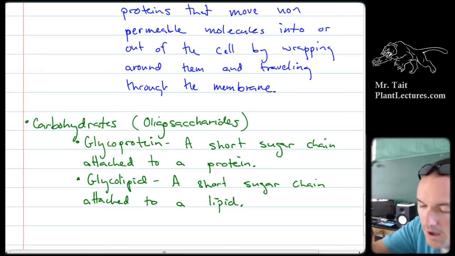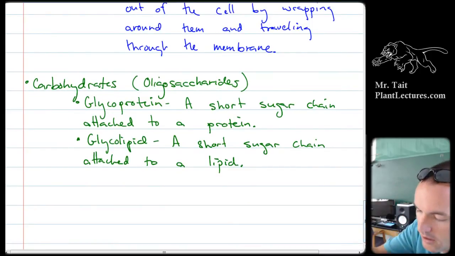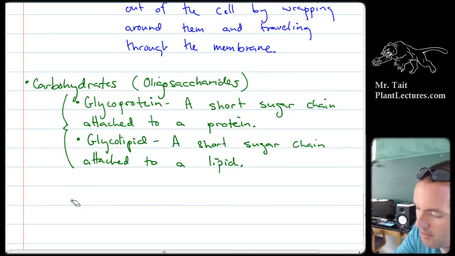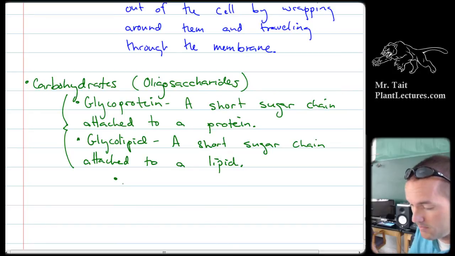Now, for the purposes of this class, it is not important for you to understand any differences in their function. Basically, we can say that they both do the exact same thing, and that is they function in cell-to-cell recognition, both intercellular and intracellular recognition.